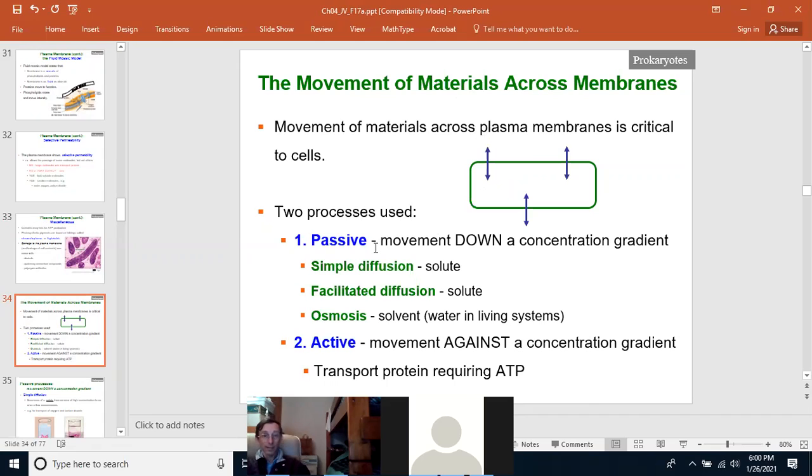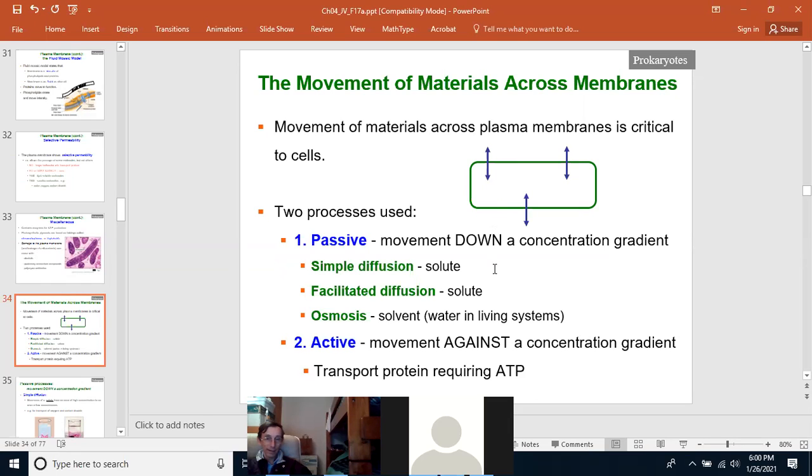There are three passive processes in cells: simple diffusion, such as oxygen moving into the cell; facilitated diffusion, and that's using a protein to move the molecule into or out of the cell.